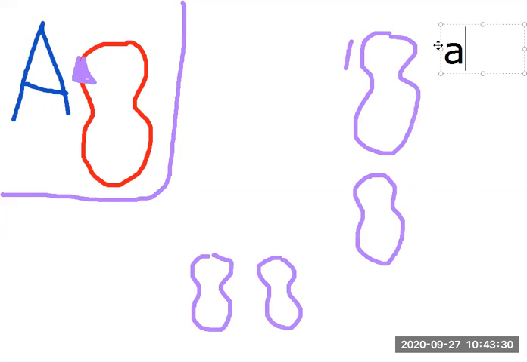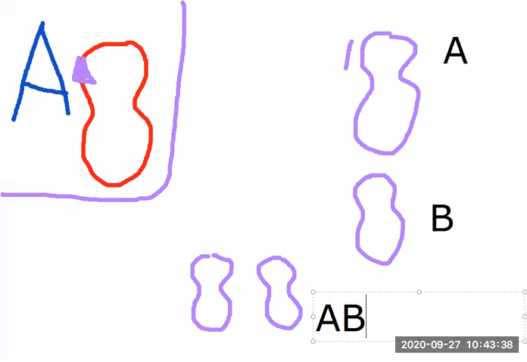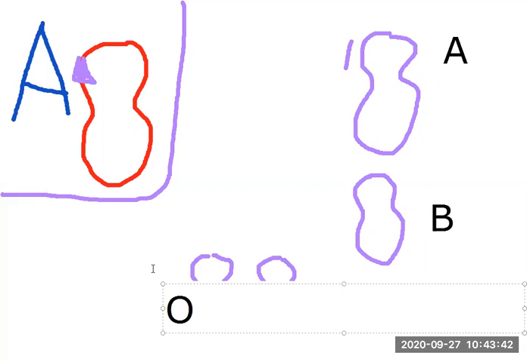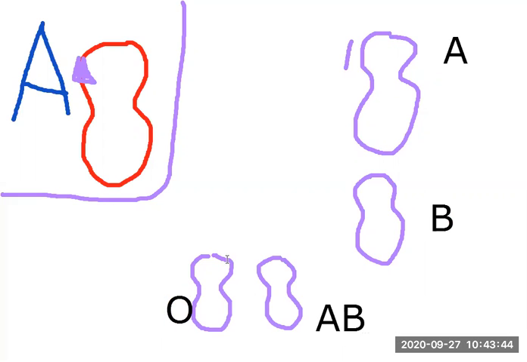This person is A blood group, this person is with B blood group, this person is with AB blood group, and this person is with O blood group. Now I declare their blood groups. So let me put all of them in the box.